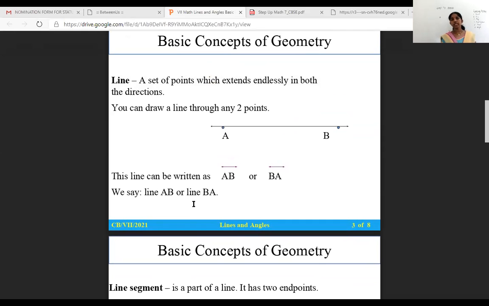Next is a line. The next concept we are going to learn is a line. We know what a point is.